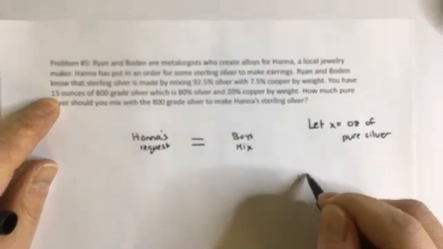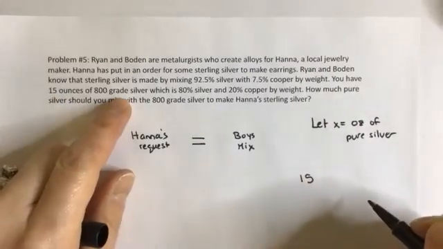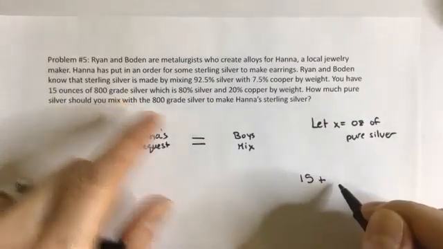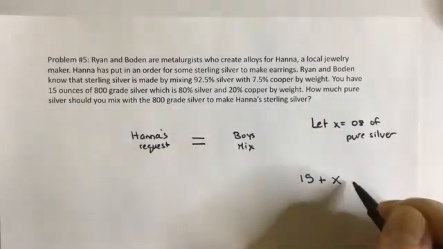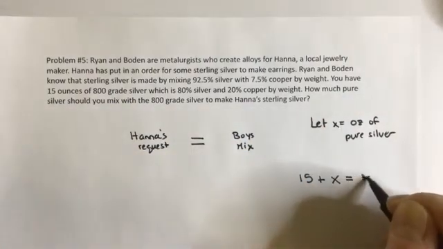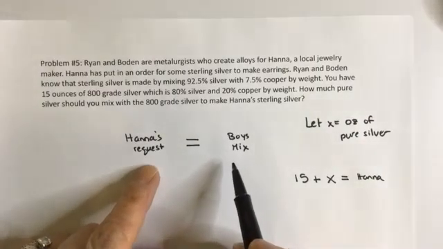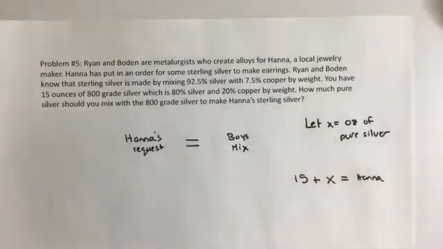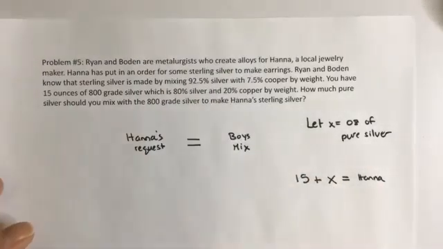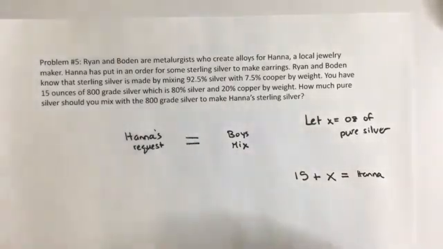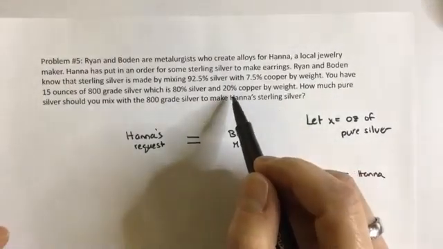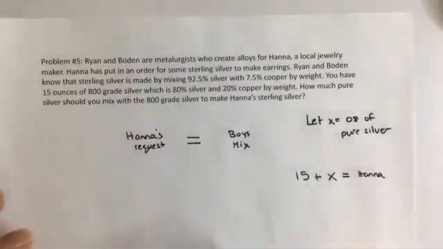So now let me think this through. I'm going to take 15 ounces of what they have. I'm going to add in pure silver, and I'm going to get what Hannah wants. So maybe what I need to do is think about this in terms of the percentages and the weights. Okay, so now let's look at percent. Since I know the pure silver, it's ultimately the copper that's going to decide the percentage.